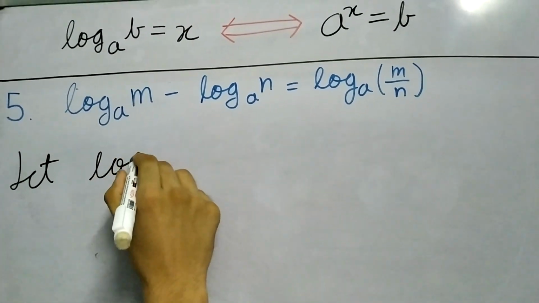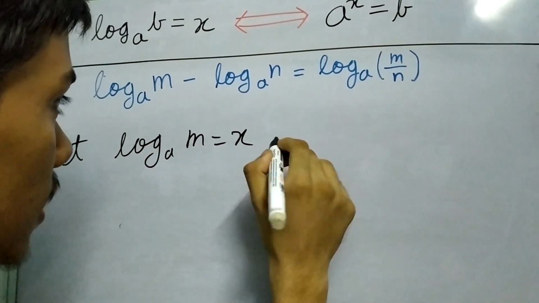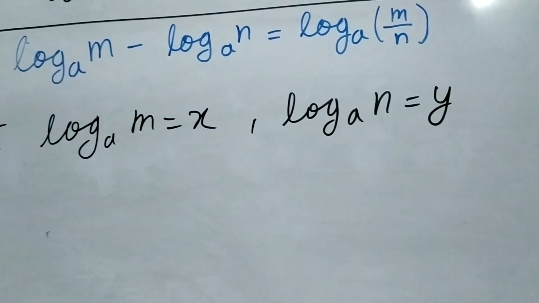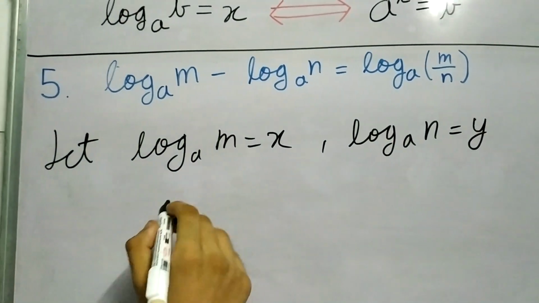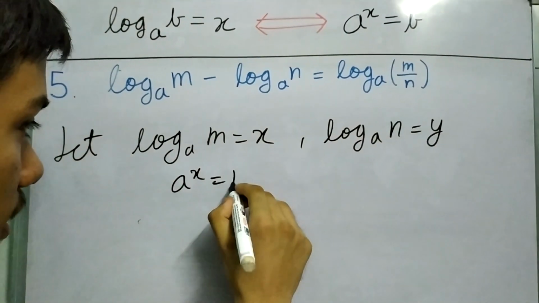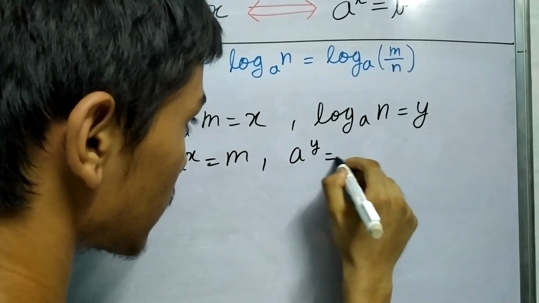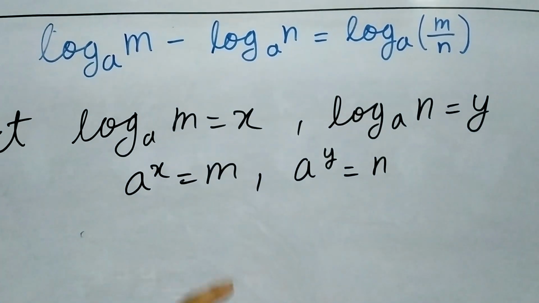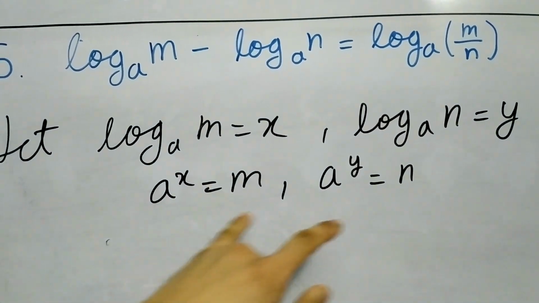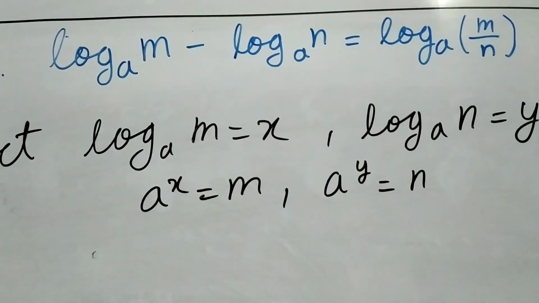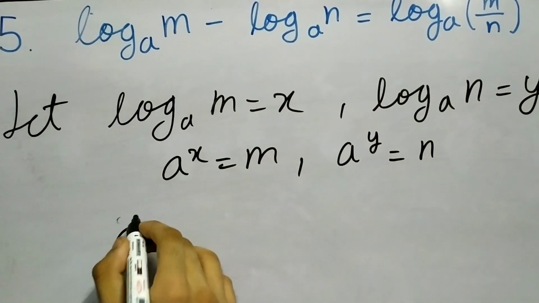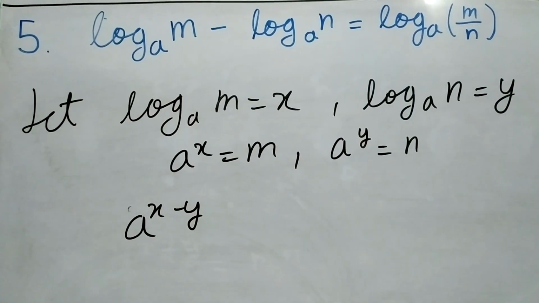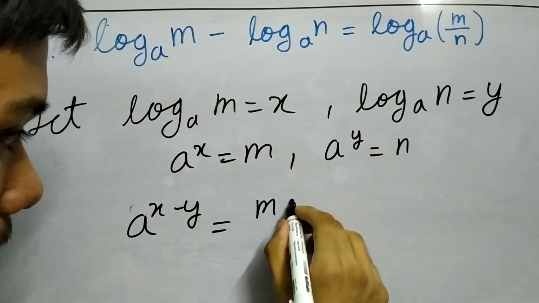So let log a m be x and log a n be y. And from here we have a to the power x is m, a to the power y is n. Now we need m divided by n, m by n. Now what do we do to these two equations? We divide them, so we have a to the x divided by a to the y, which is a to the x minus y, is equal to m by n.